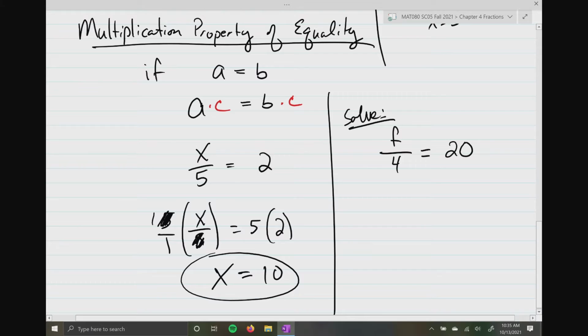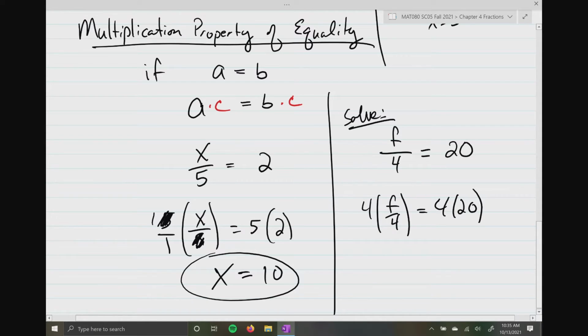If we have a problem such as f divided by 4 equals 20, we know the multiplication property of equality says I can multiply both sides by anything I want. So what I'm going to choose is whatever my denominator is. So on the left-hand side, I multiply by 4 on f over 4. And on the right-hand side, I multiply the 20 by 4.